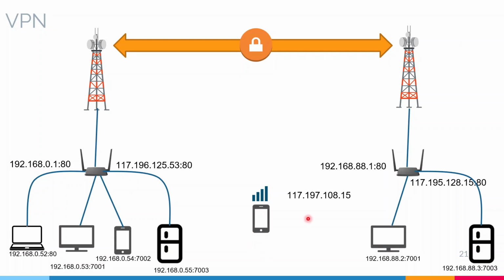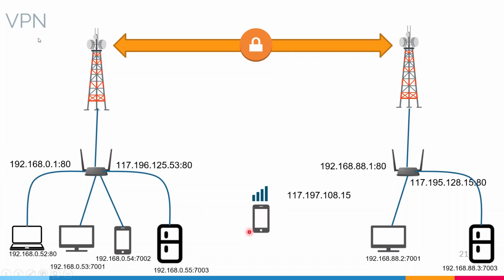Similarly, if I have a mobile device which is outside both the networks, for example, I am out of my home and I'm at some other place, and I want to connect to the system, obviously I cannot directly access it over the internet because ports are now blocked. So I'll have to be a part of this network so that I can use the private IPs to call. So what can I do?